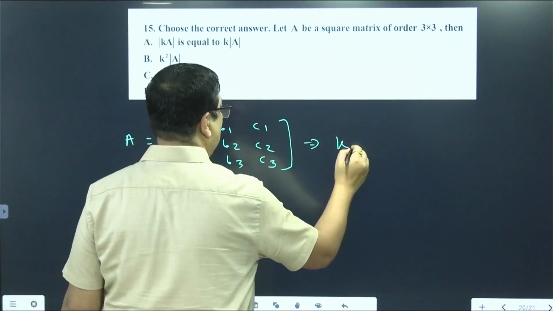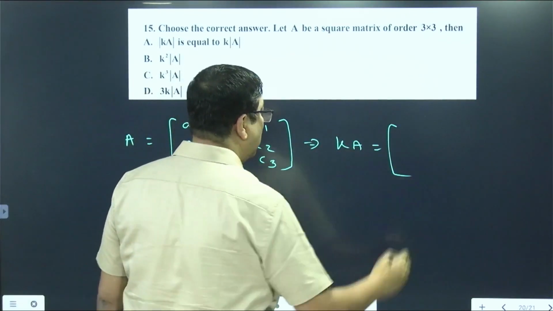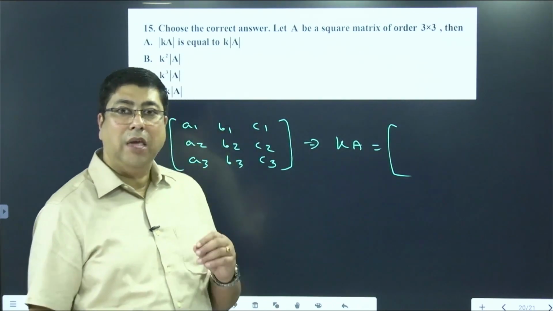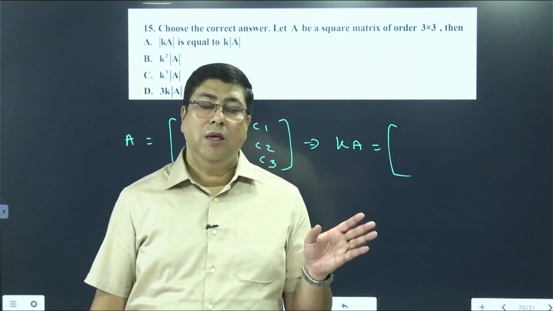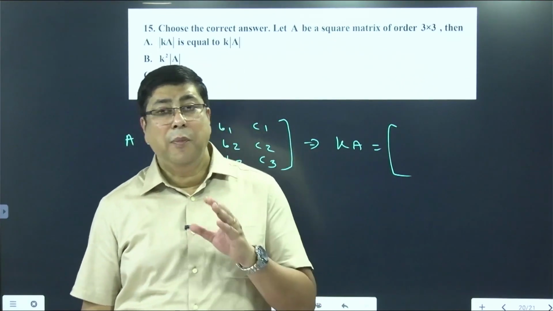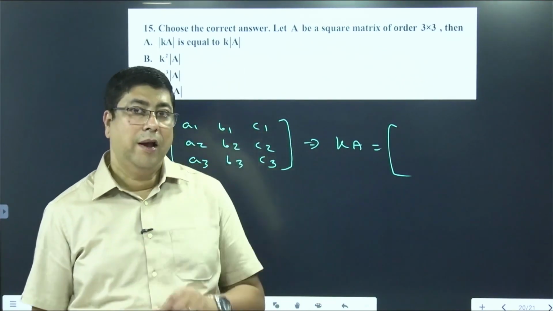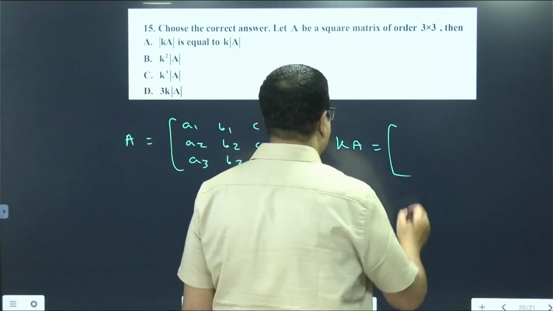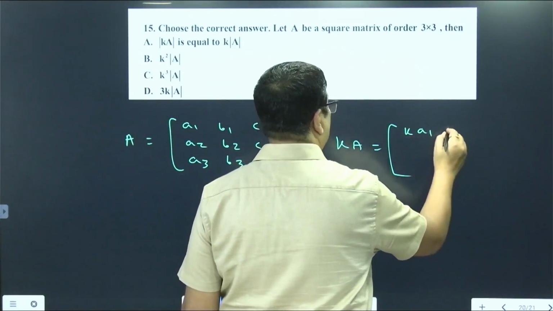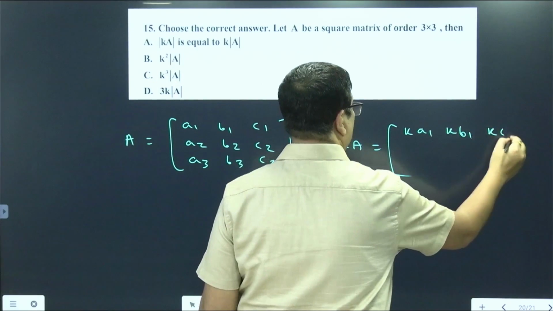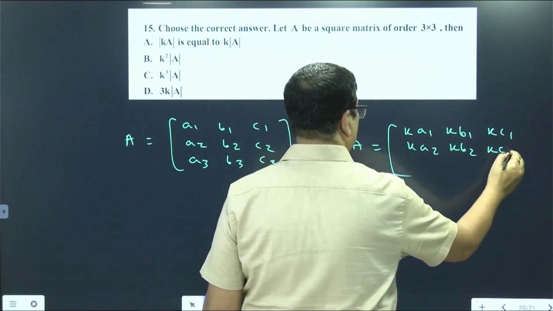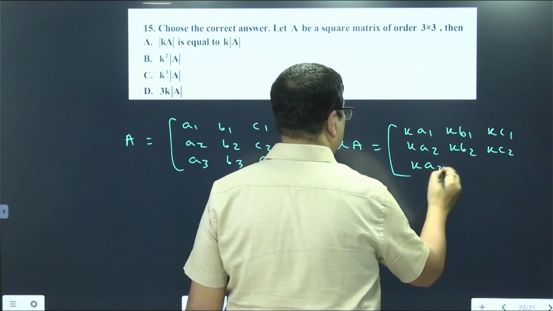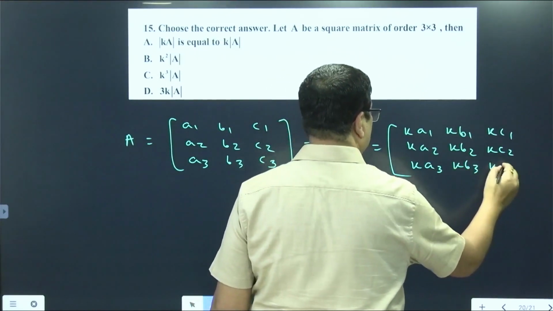Therefore, KA, and we know there is a K property of the matrix, that is, if any constant K is multiplied with the matrix, then every element will be multiplied by that constant. Therefore, we can write this as Ka1, Kb1, Kc1, Ka2, Kb2, Kc2, Ka3, Kb3, Kc3.